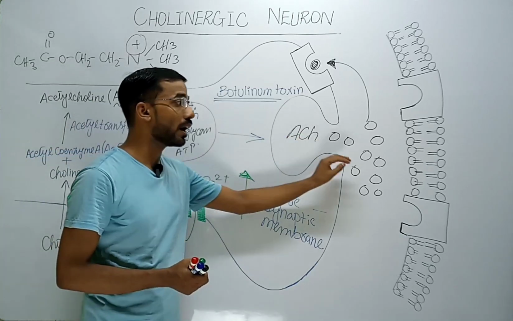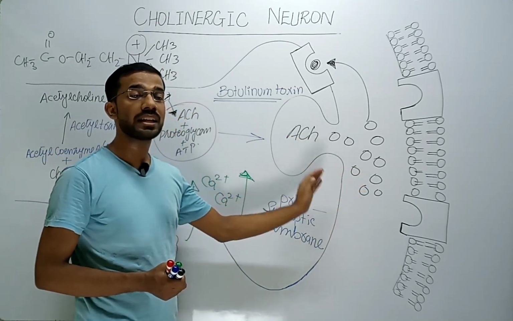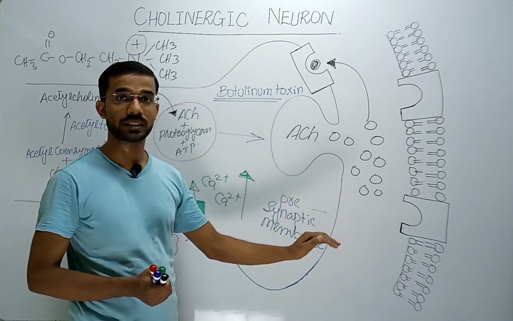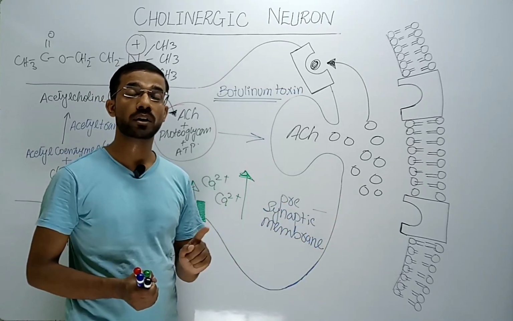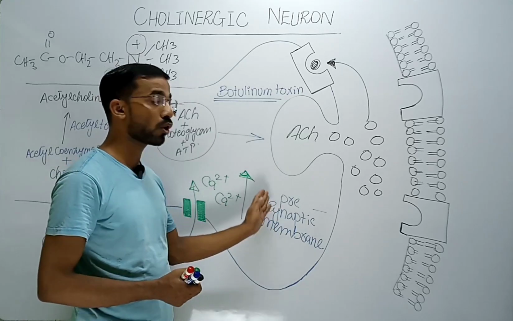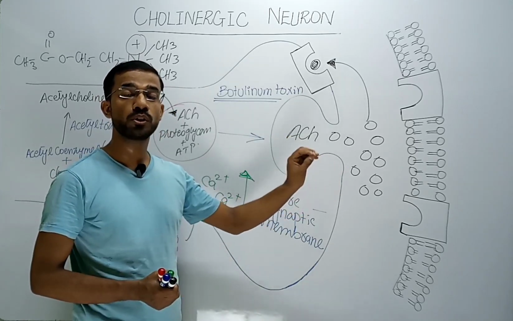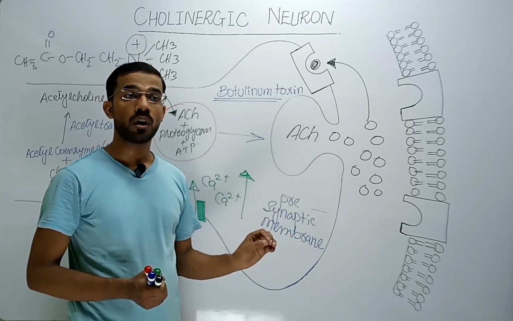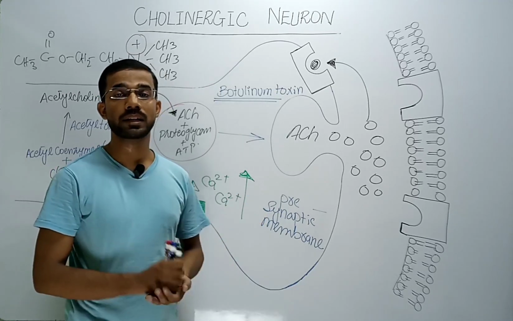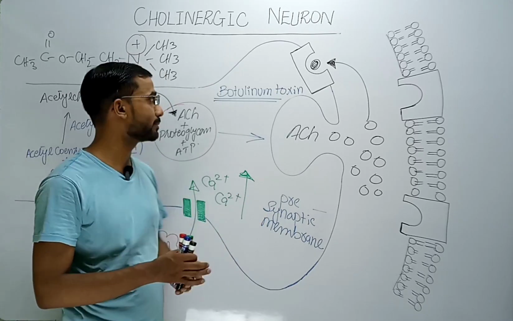When there is no acetylcholine, then there is no signal transduction to the other neurons or to the effector side. And the most important is the neuromuscular junction. When there is no signal transduction to the neuromuscular junction, then there is no control of the muscles under the nervous system. Ultimately, you will see paralysis in that case.